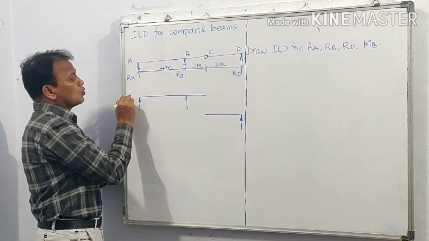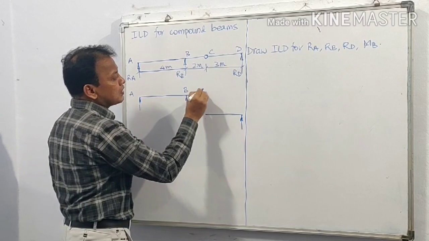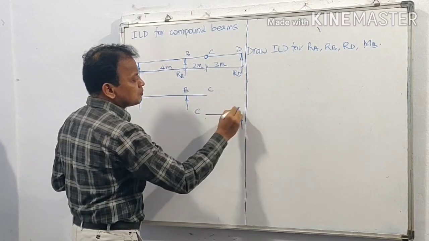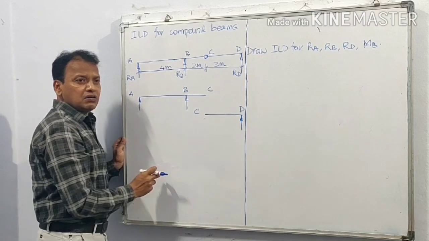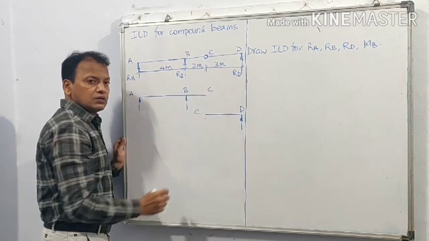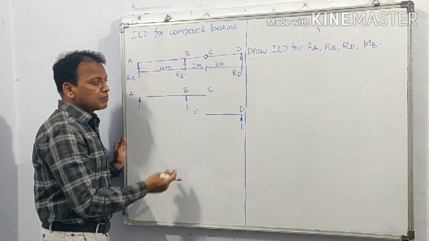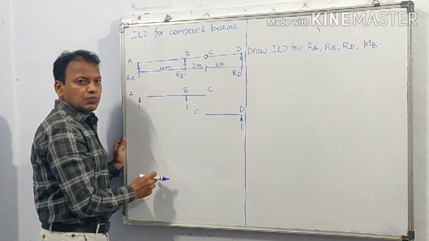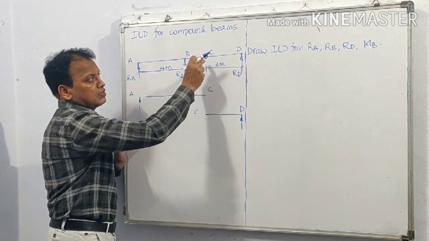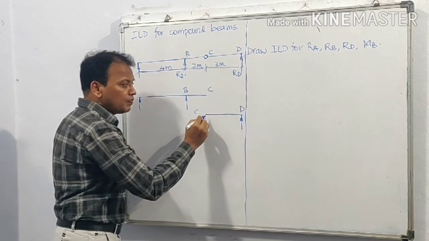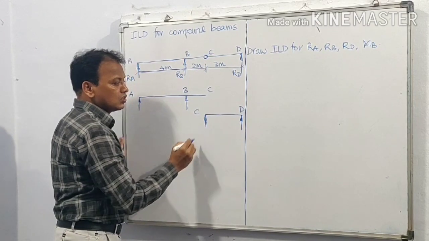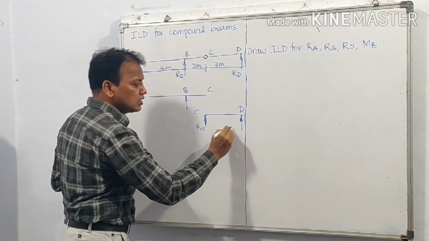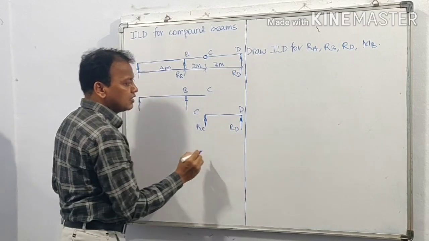Thus, there are two parts of the beam: this part ABC and this part CD. But this CD part, when it is loaded, will not remain in equilibrium unless it is supported at C. This hinge at C offers a reaction at C.